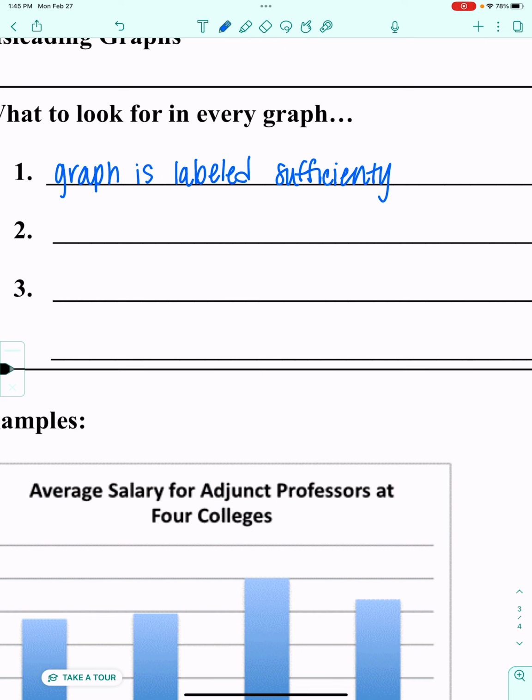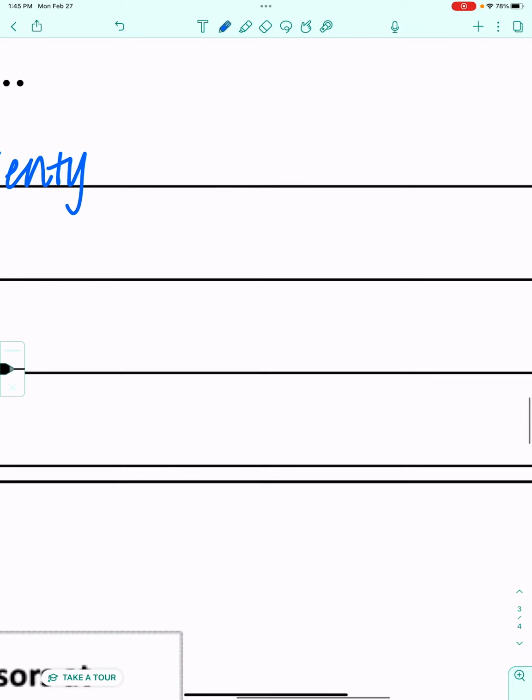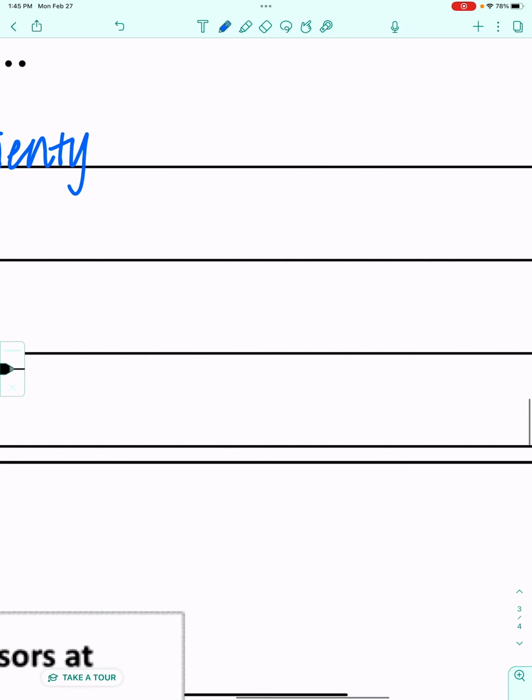Your graph has to be labeled sufficiently. That means you have your axes labeled. What does the x-axis represent? What does the y-axis represent?